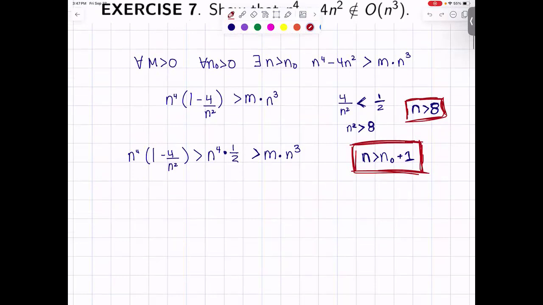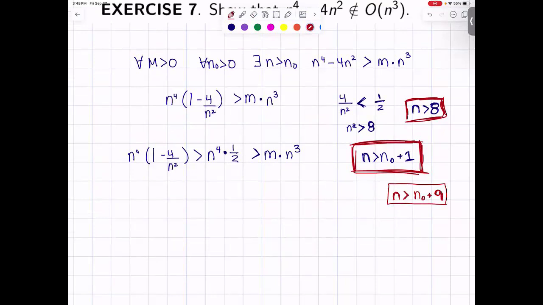As it was brought to my attention in class, somebody asked, could we do something like this instead of having two terms? Could we just effectively force n to be greater than n naught plus 1, and greater than 9, or n is greater than 8 in this scenario?